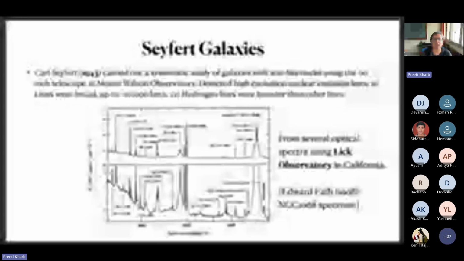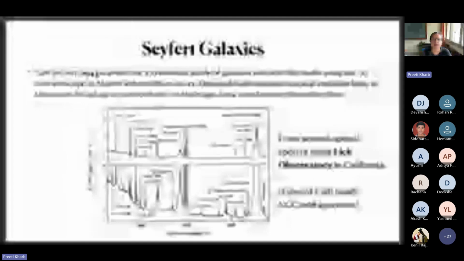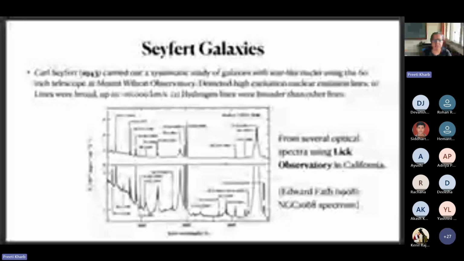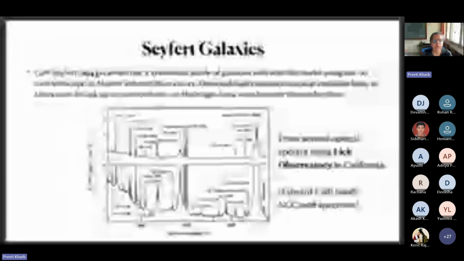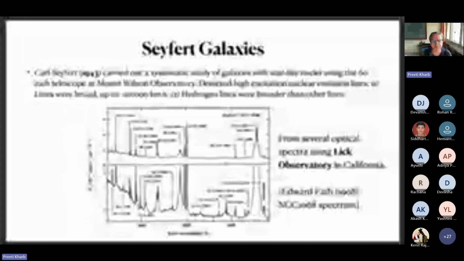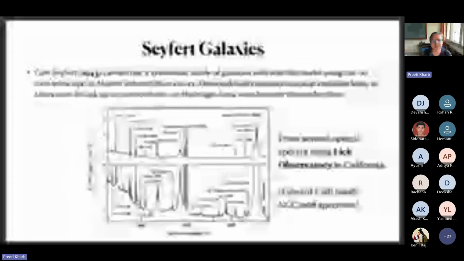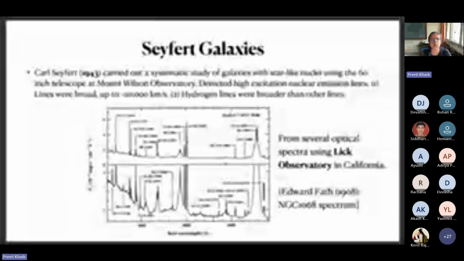So it was in 1943 that Carl Seyfert, who also happened to be a postdoc, working at the Mount Wilson Observatory in the US, found that there was a whole set of galaxies which seemed to show these emission lines.